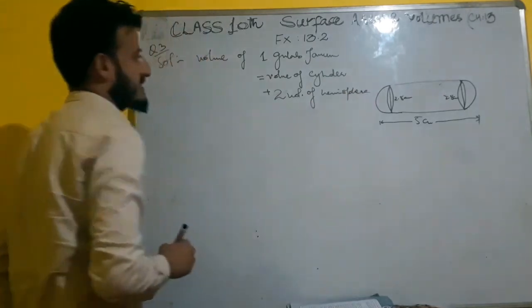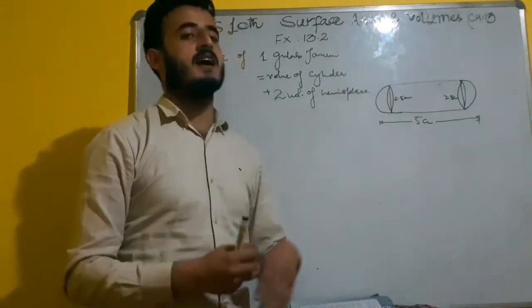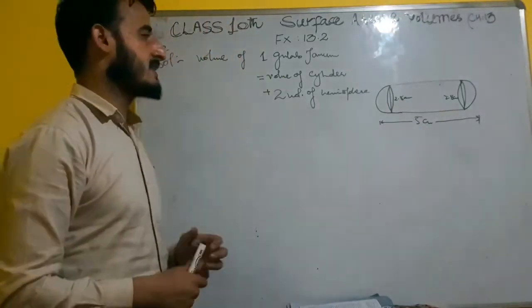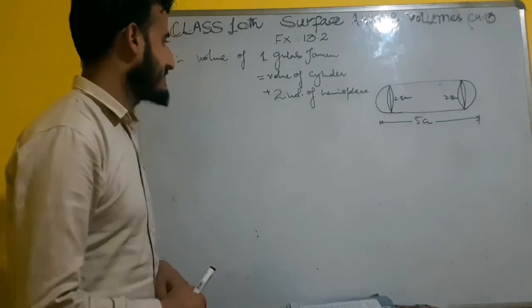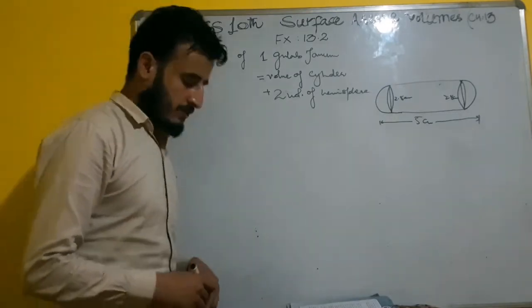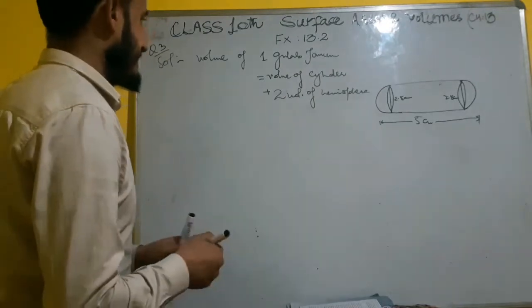Why twice? Because here again the ends are hemispherical and both the ends are identical. The dimensions are given the same, so we can say both are identical here. So volume of the cylinder.